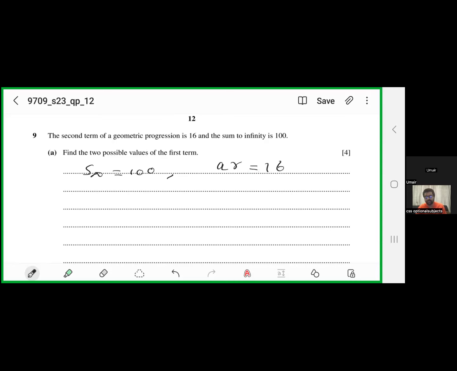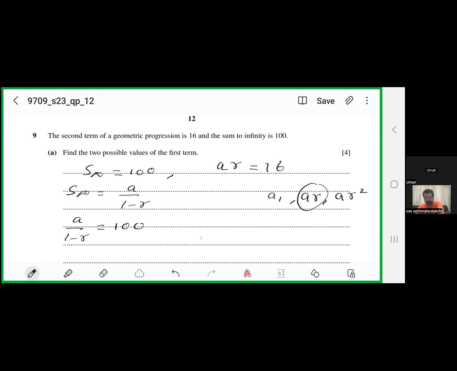You know, in a geometric progression we have a common ratio. The first term is a, the second term is ar, the third term is ar squared. So the second term is equal to 16. Moreover, sum to infinity has the formula: sum to infinity is equal to the first term over 1 minus r. So I can say that a over 1 minus r is equal to 100.